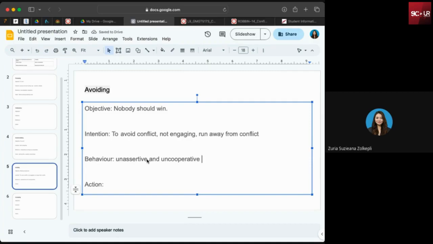So this is one of the characteristics or personalities that we should avoid. Don't be this person. We don't avoid conflict, we can minimize it. Let's say like the earlier example of setting standards, it doesn't mean that we straight away avoid conflict, no.